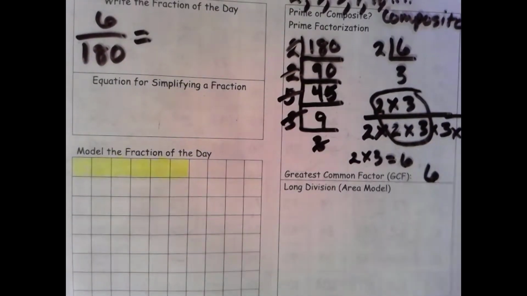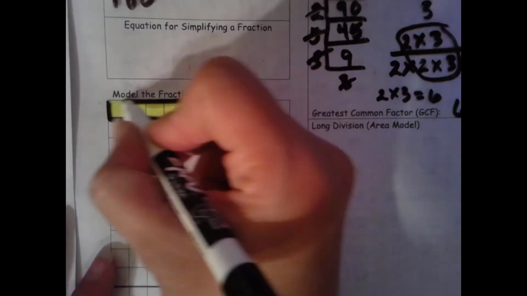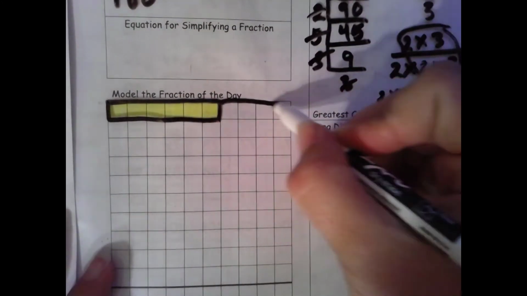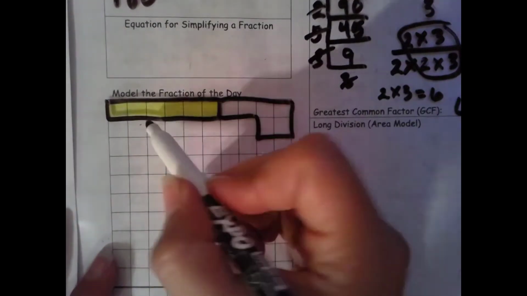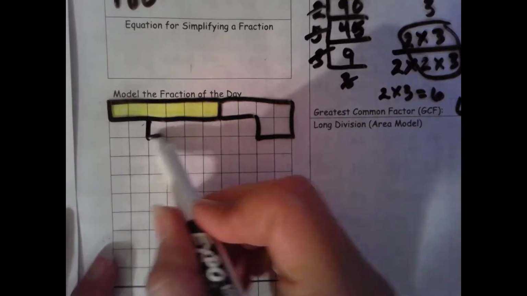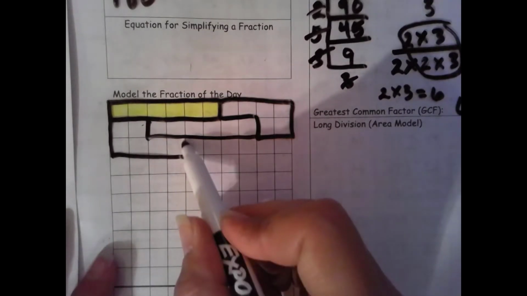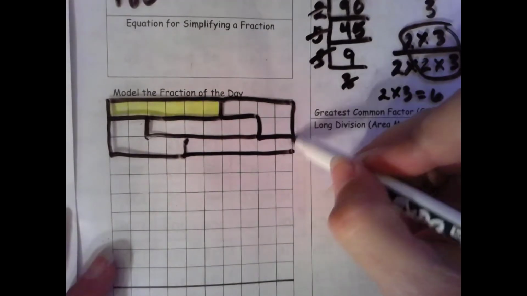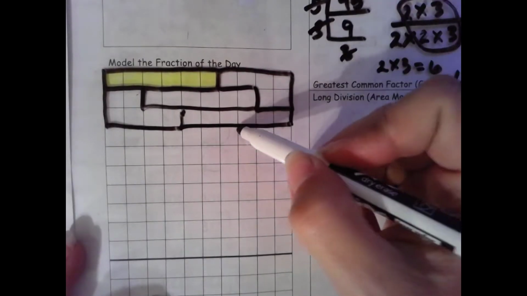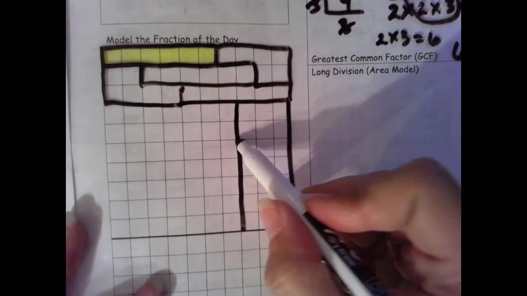So we know 6 is our greatest common factor, so let's go ahead and make our groups of 6. It does not matter what your groups look like, just as long as you have 6 squares in each group. And you don't want to have shaded with unshaded, because then you end up with a fraction and a fraction, and that just makes it complicated. Let's go ahead and do groups of 6.